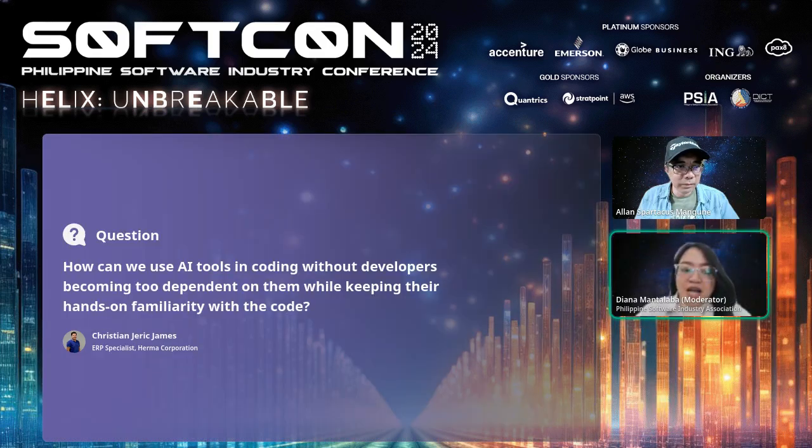And we also have another one from Christian. How can we use AI tools in coding without developers becoming too dependent on them, while keeping their hands-on familiarity with the code? That's a very, very good question.